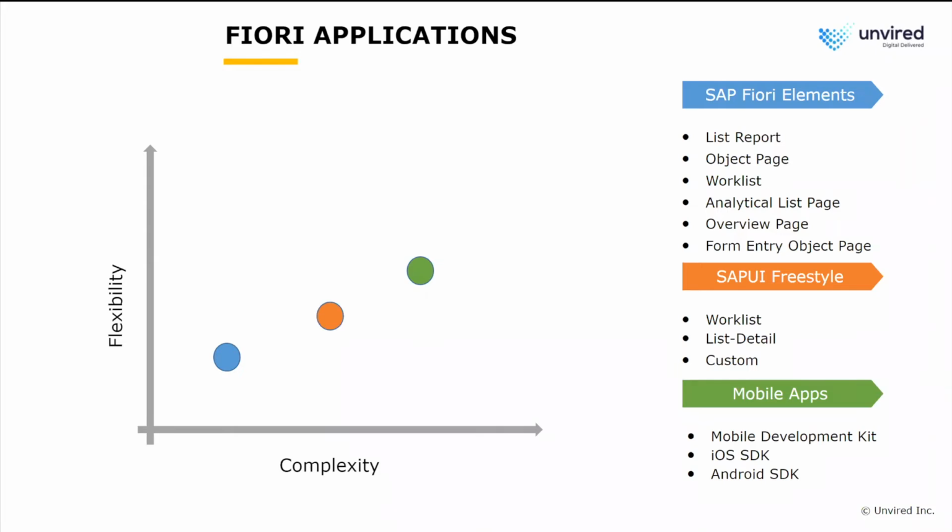So if you plot a graph of complexity and flexibility, the applications that you develop using the Fiori elements paradigm offer you the greatest ease in which you can develop these applications, because they already provide you standard templates when it comes to these layouts or floor plans. So what should a screen look like?